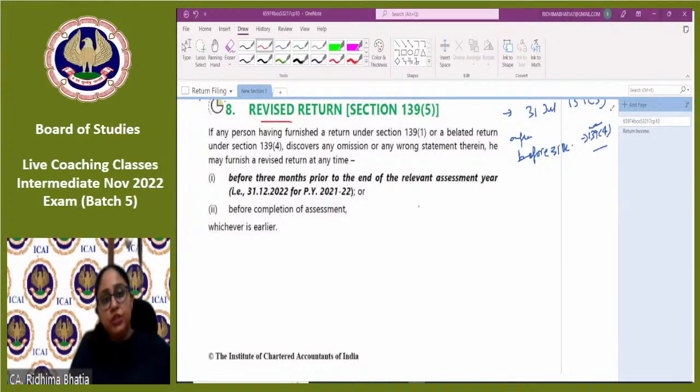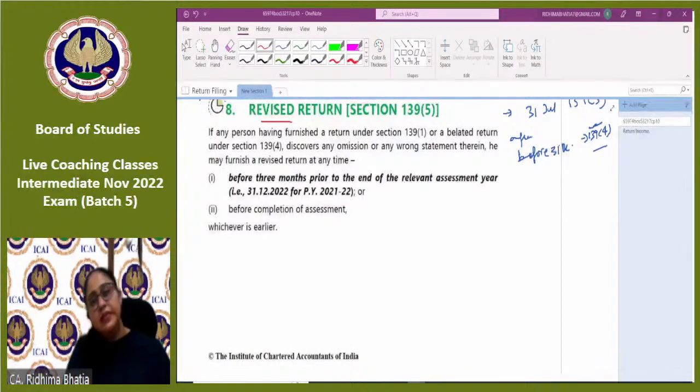I had made a donation and I forgot to claim it. You can do it. If you discover any omission or wrong statement in the return you filed, you can file a revised return, as the name suggests.